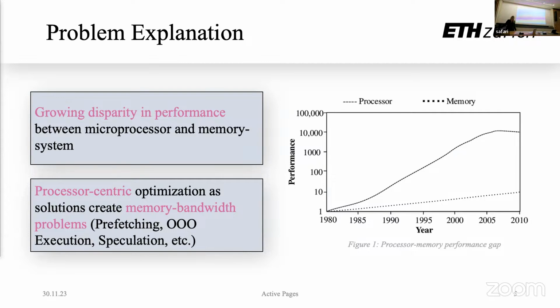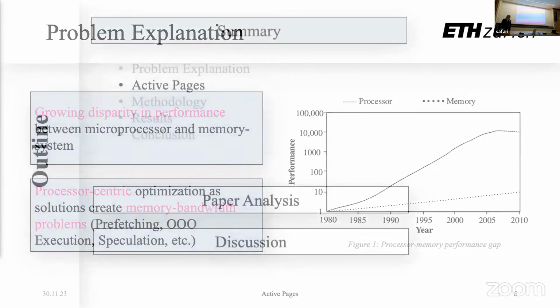Back then, there were already a lot of processor-centric optimizations to bridge this processor memory gap. But these approaches can lead to memory bandwidth problems. For example, prefetching algorithms might struggle to predict the actual access pattern, and this can lead to increased memory bandwidth usage without the provided benefits.